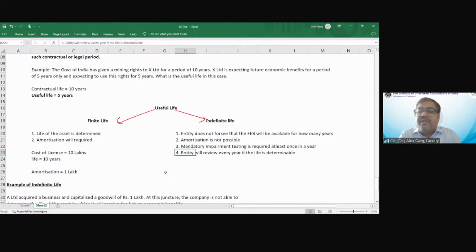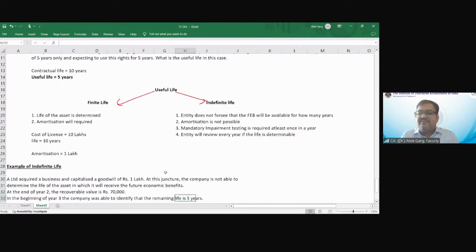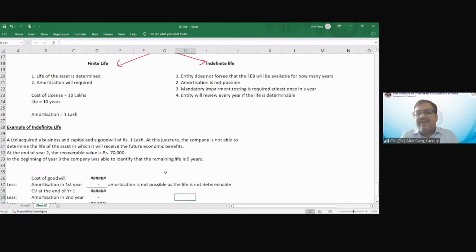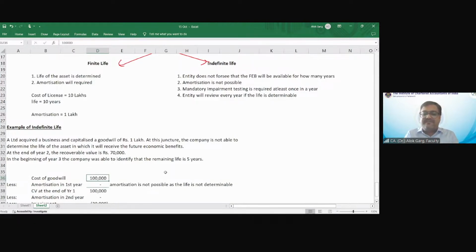At every reporting date, you have to review whether the useful life is determinable. If it is determinable, for example, after 5 years I can estimate that I can use this goodwill only for the next 10 years, then you have to start amortization.